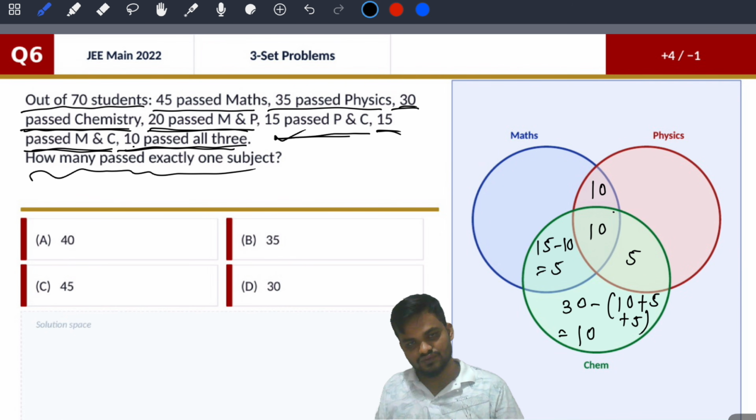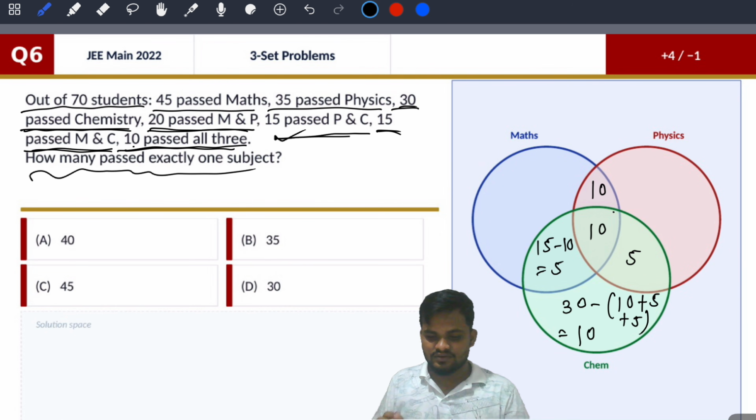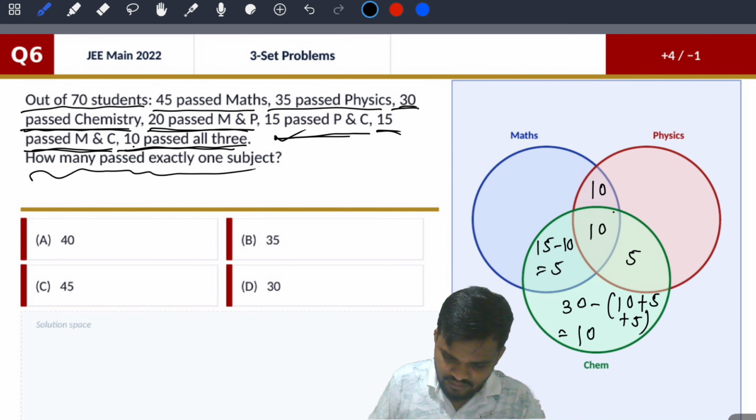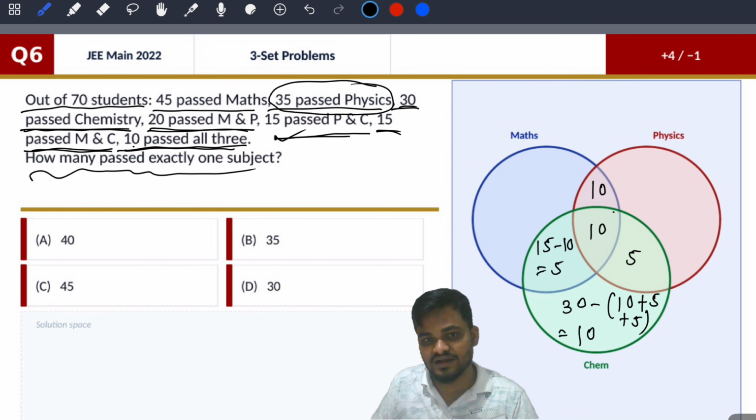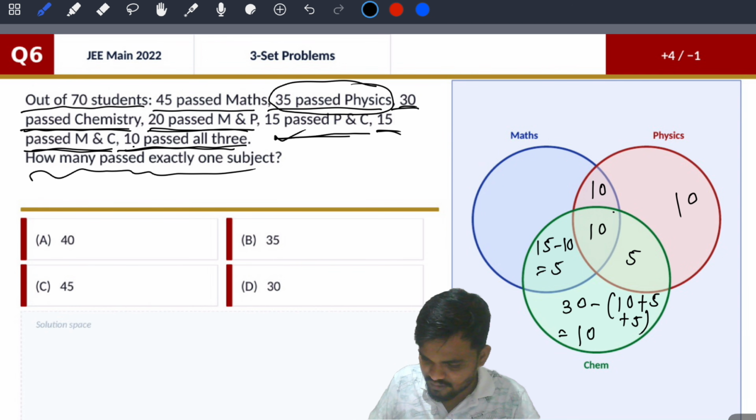I hope you understood. Pause, think and proceed. Then it is given 35 passed in physics, so how many in only physics? 35 minus 10 minus 10 minus 5: 35 minus 20 becomes 15, 15 minus 5 becomes 10.